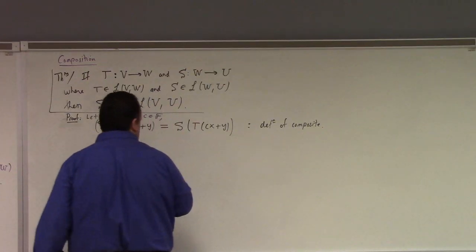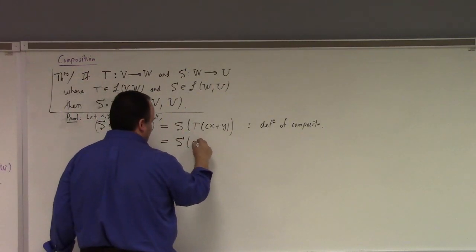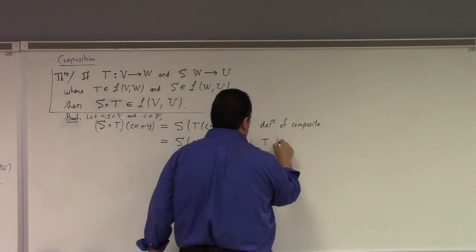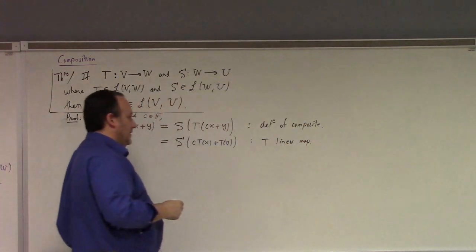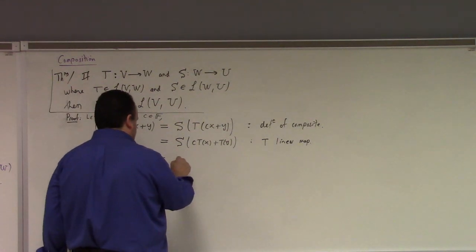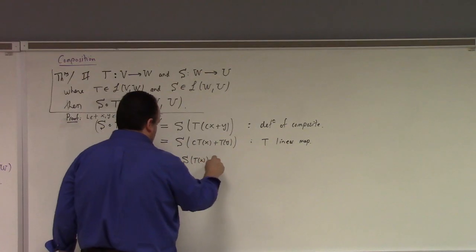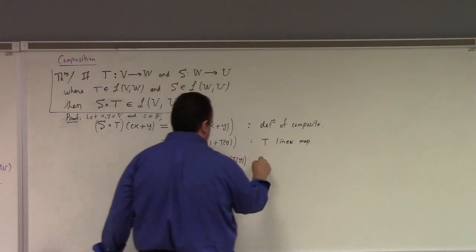All right, next move. T is linear. So I can rewrite that as S of C T of X plus T of Y. T linear. Next up, I can rewrite that as C S of T of X plus S of T of Y. Why can I do that?